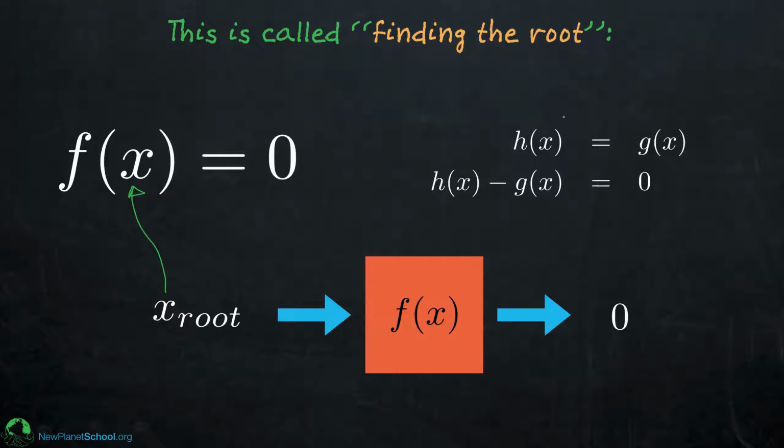What I do is I subtract g of x from both sides, write it like this, call this combination here f, and now this equation, whatever it happened to look like before, now looks like this equation. So I can take a wide range of different equations and rewrite them so they all look like this, and then I can attack it with the same methods from calculus that I'm going to show you. So let's get started and do that.